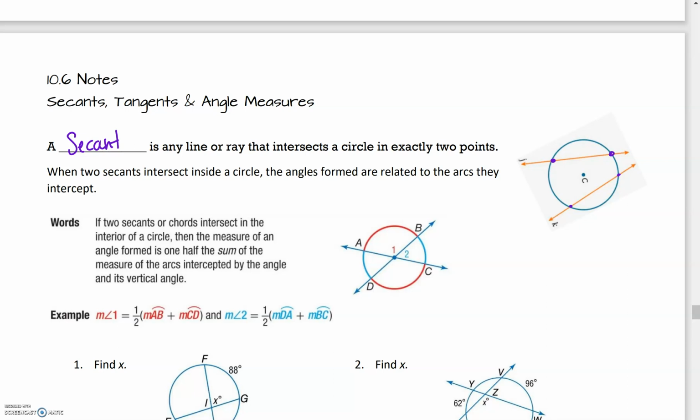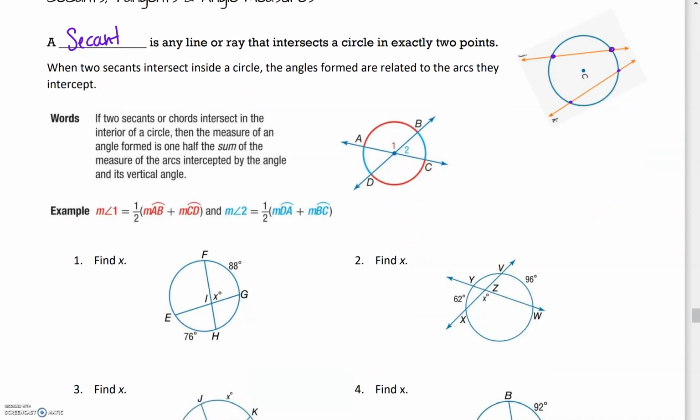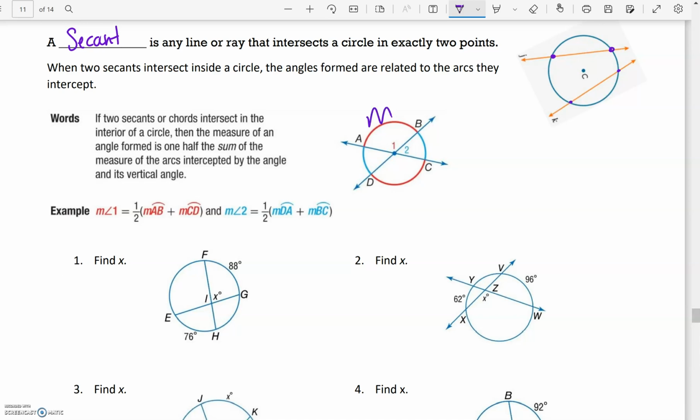So when two secants intersect inside of a circle, the angles formed are related to the arcs they intercept. If I add this arc plus this arc and divide by 2, I get the angle right here.